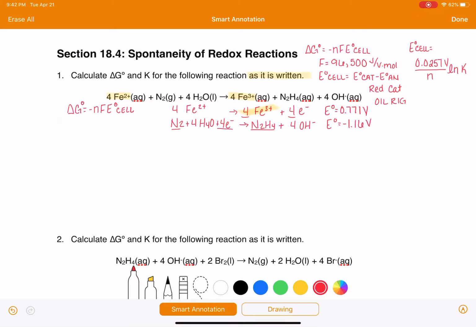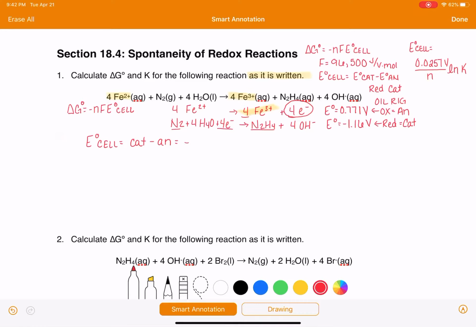So with this, we can calculate our E cell, cathode minus anode. Which is which? Oxidation is loss of electrons. That's where electrons are being produced, so this is our oxidation. That means this other reaction is our reduction. Reduction is gain and takes place at the cathode. Oxidation takes place at the anode.